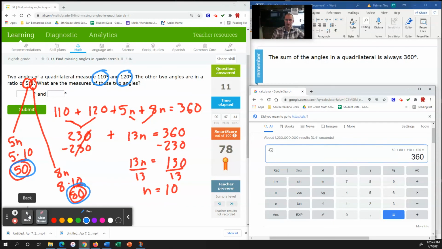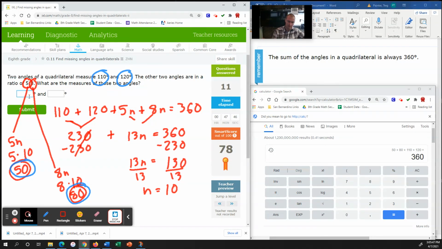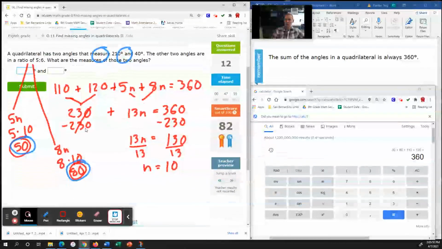Nice. 360 again. So if I could type this in correctly, 50 and our missing angle of 80, that will give us a smart score of 82. Thank you. And this concludes this very long version of IXL O.11.